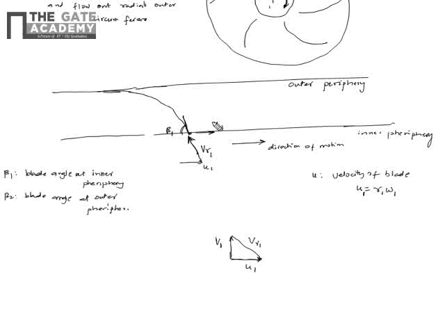Most of the time it doesn't have any tangential component. The absolute velocity is such that the flow enters perpendicular to the inner periphery, and this is your blade angle. So this is the inlet velocity triangle.